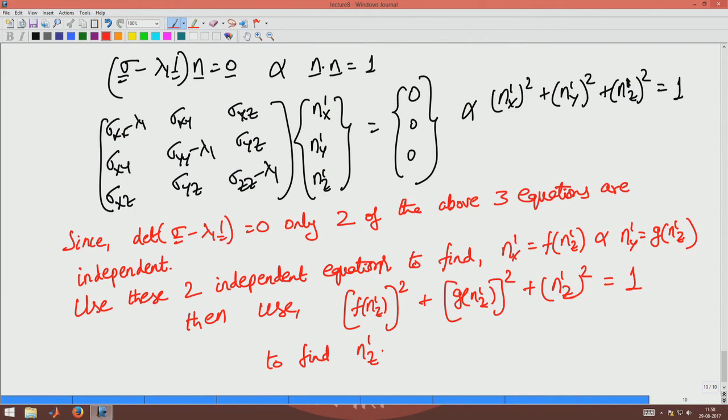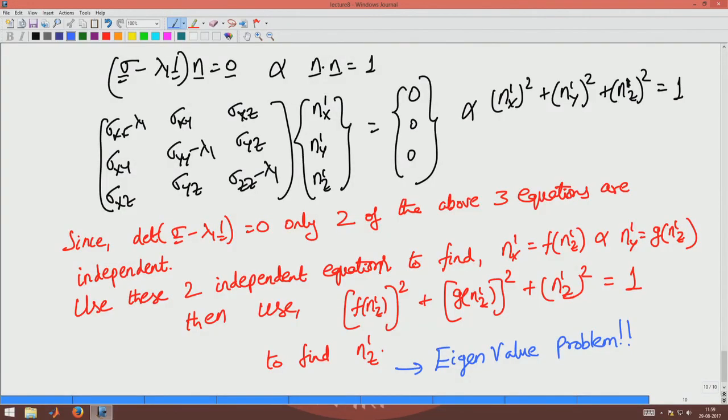So, this in brief is called the eigenvalue problem. You can look up web resources which explain this eigenvalue problem in more detail, to gain a better understanding of how to find the principal values, which are lambda 1, lambda 2, lambda 3, and how to find the principal directions, which are nx1, ny1, nz1, nx2, ny2, nz2, nx3, ny3 and nz3.